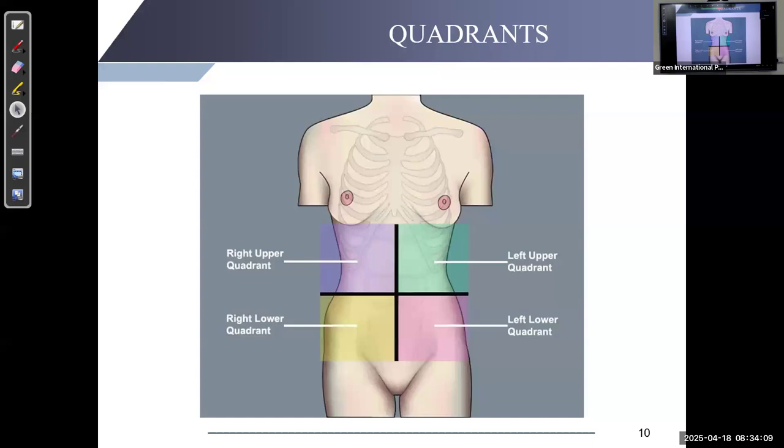If you understand the quadrants, you know which organ is situated there and where the exact tumor or disease or condition is. So quadrants are important. Just divide the abdomen into 4. Which are those? Right upper quadrant, left upper quadrant, right lower and left lower.